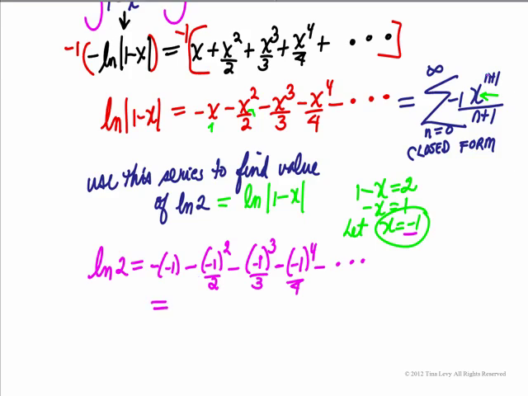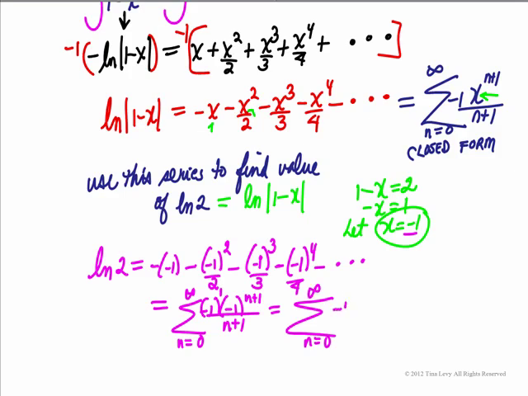Using this closed form, the series is negative 1 to the n plus 1 over n plus 1, as n goes from 0 to infinity. But this becomes the series negative 1 to the n plus 2 over n plus 1.